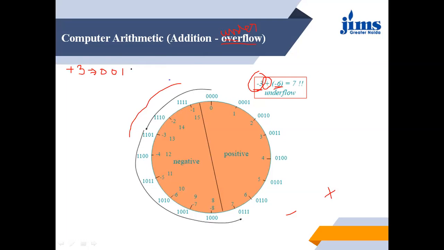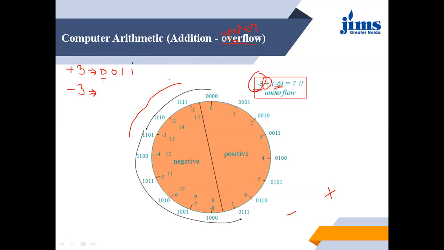As this is a positive number, the first bit represents the sign. And when we have to find out minus 3, then in that case we have to start from right to left.